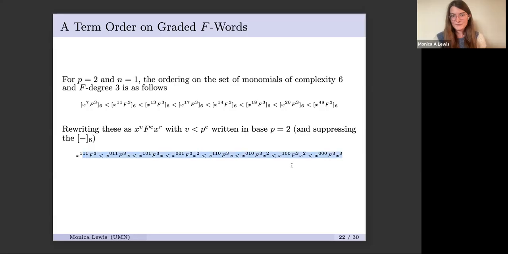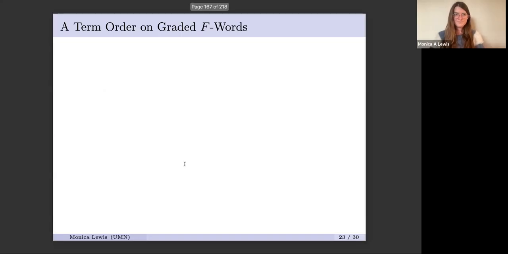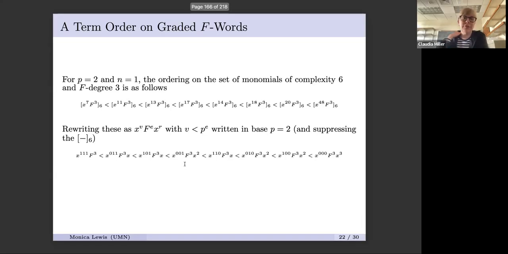That successfully orders everything because we only have one variable, so we don't have to look at the carriages. If there were extra variables, we would have to break ties there too, using grevlex. So you might have multiple x to the 101 F cubed monomials, and then you would order by looking at x and then y, or y and then x, depending on which variable you want to privilege.